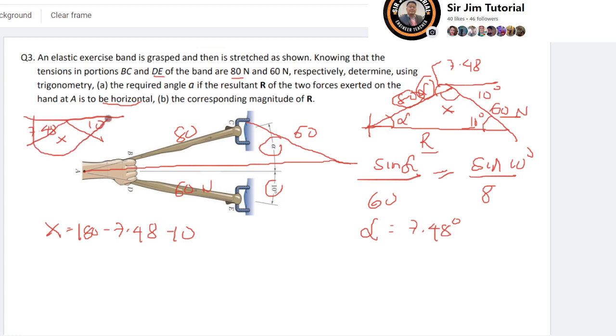Total angle from here going here is 180. So 7.48 plus x plus 10 is equal to 180. Therefore, x is equal to 180 minus 7.48 minus 10, so x becomes 162.52 degrees.